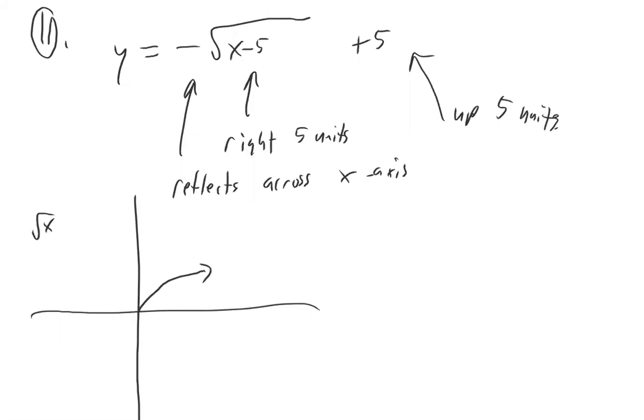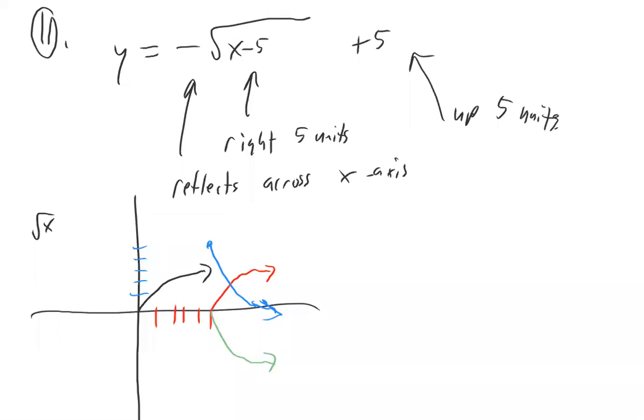If I take that graph and move it right 5 units, 1, 2, 3, 4, 5, like this, and then reflect it across the x-axis, it would look like this. Then I move it up 5 units, 1, 2, 3, 4, 5, so it looks like this. And so your final graph looks kind of like that.